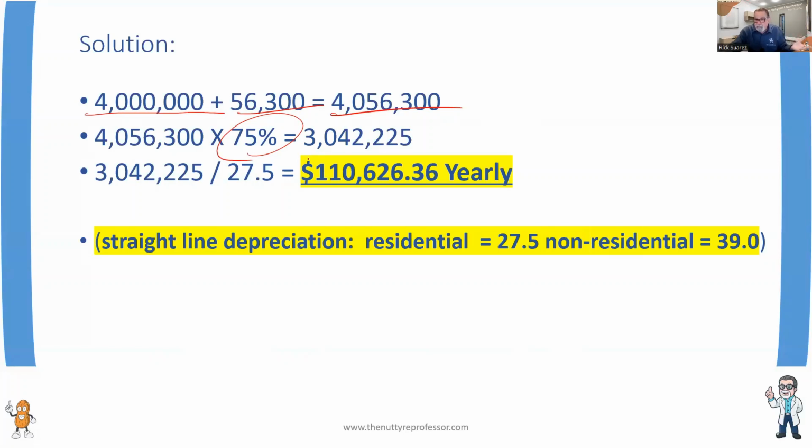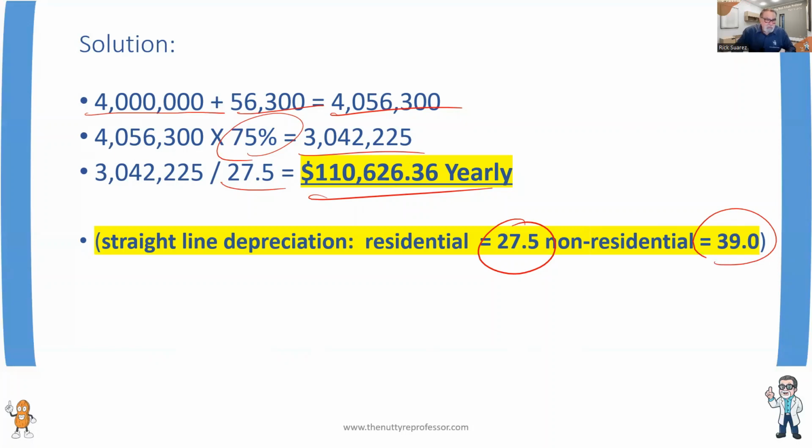We're not going to make it up. So you have to read the question and make sure that you give them what they're asking for. Don't start putting in things that are not there. So the total here is $3,042,225. You divide that by 27.5, and you end up with $110,626. And as a reminder, residential is 27.5, and non-residential is 39.0.